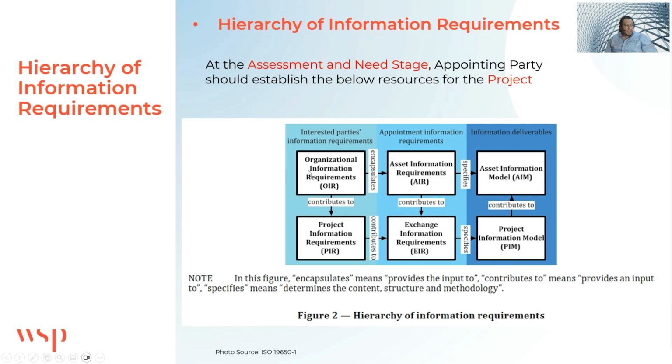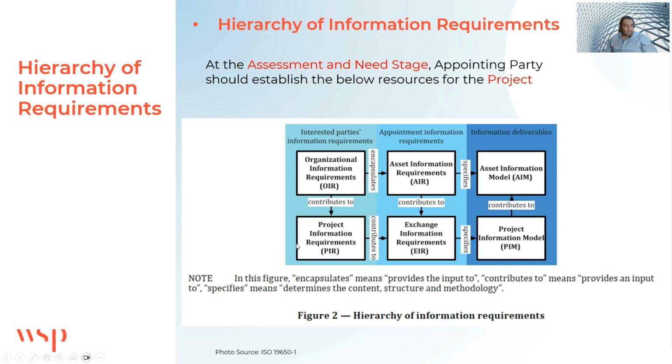And then these organizational information requirements support the initiation of two other types of information requirements. The asset information requirements, which are more related to the asset, things like what kind of information is needed to run and operate this asset in the future.